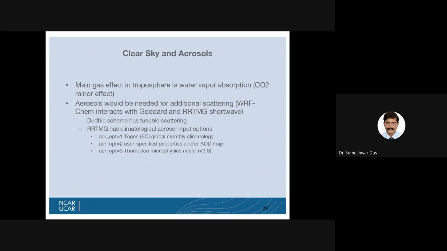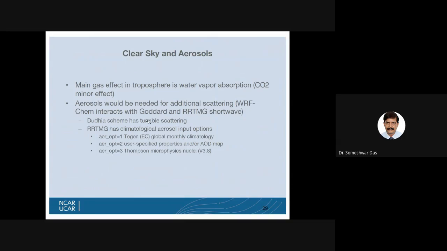For clear sky and aerosols, the main gas effect in the troposphere is water vapor absorption. Carbon dioxide is a minor effect. So water vapor is the main gas which has an impact on the radiation. Aerosols would be needed for additional scattering.